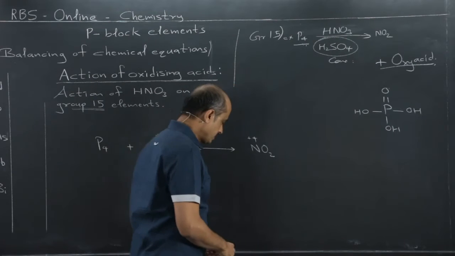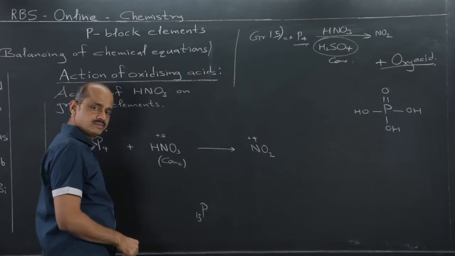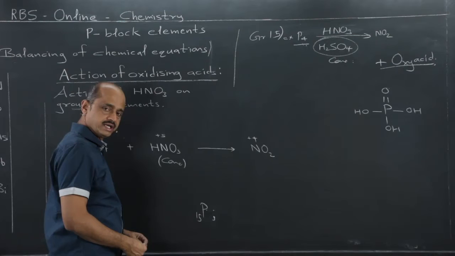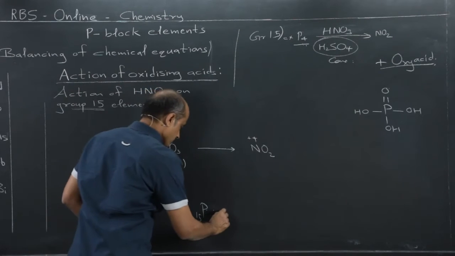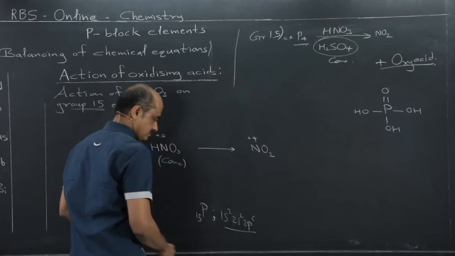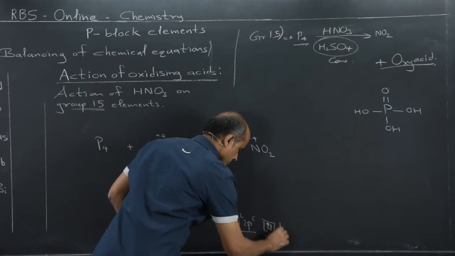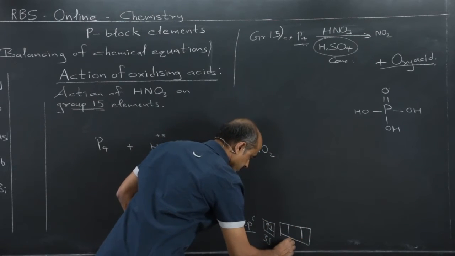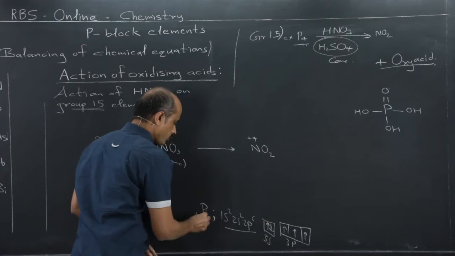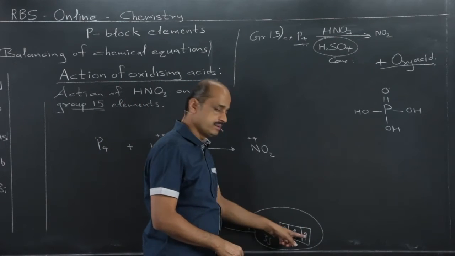Now, phosphorus, atomic number 15; the entire electronic configuration I need not write: 1s2, 2s2, 2p6, 3s2 and 3p1 1 1. So phosphorus in the outermost shell carries 1 lone pair and 3 unpaired electrons.